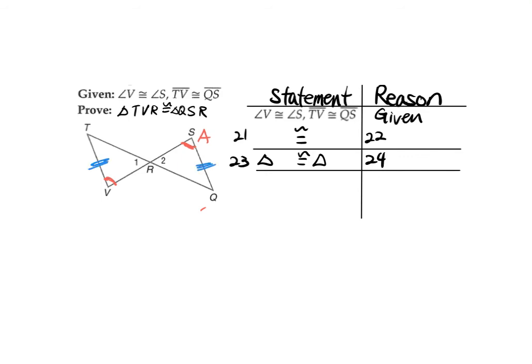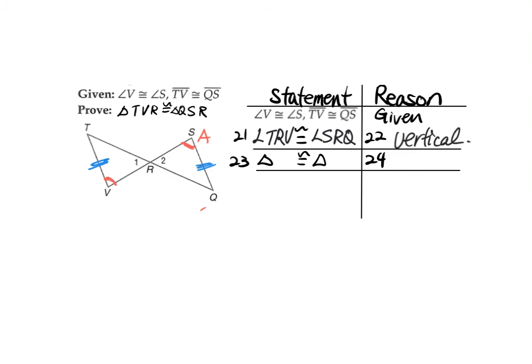Well, that's 2. So I really need one more. This is an hourglass, so that means vertical angles. So I'm going to get TRV congruent to SRQ. And that is a vertical angle.